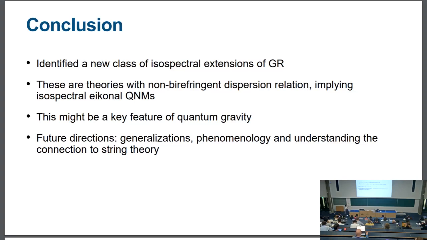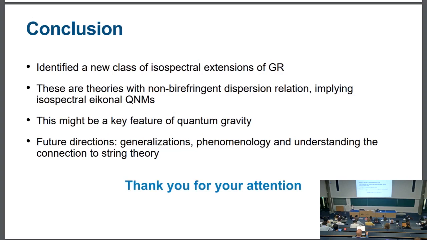You could also study the phenomenology, right? You can study the quasi-normal modes or some other aspects that could be interesting. And then finally, really understanding this connection to string theory, whether it's some duality or something else that is yet to be uncovered. Okay, so thank you for your time.